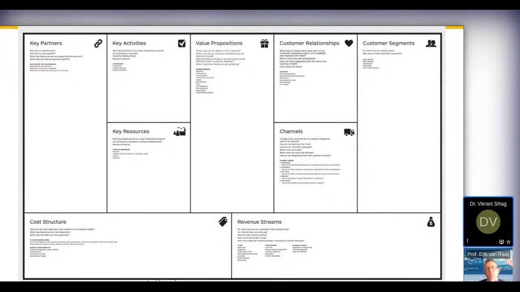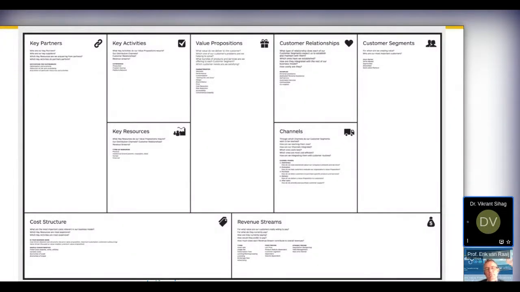After that, they think about various customer relationships and channels through which the value proposition would be developed. And then later on, they think about the key activities, partners, and resources that would be involved in delivering the value proposition. At the bottom, a lot of organizations also think about the cost structure associated with key activities and key resources that are needed to deliver the value proposition.